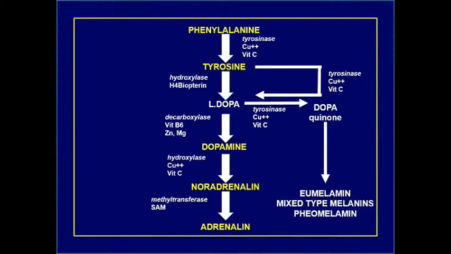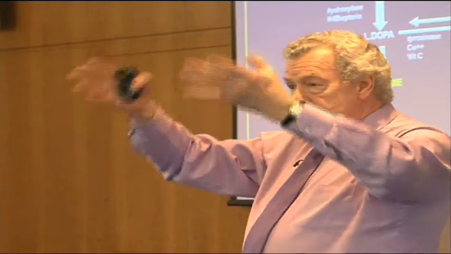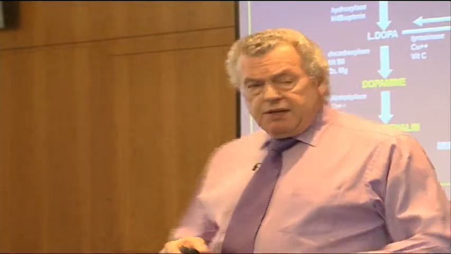And melanin is what gives our skin and hair pigments, and also protects the back of the eye. So we have different coloured melanin pigments which absorb red, green and blue lights. These are called eumelanin, mixed type melanins and pheomelanins.